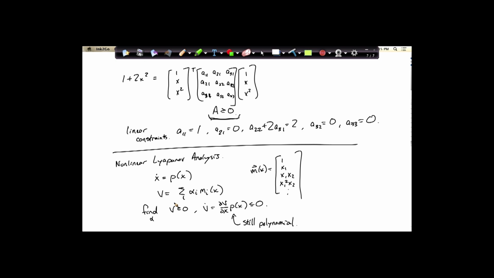Yes? So does this only work if P of X only has one root? Nope. You could have, so you start getting into the subtlety of whether this is strictly negative definite or not. So let's say something that has two fixed points, the roots of P are the fixed points, right?